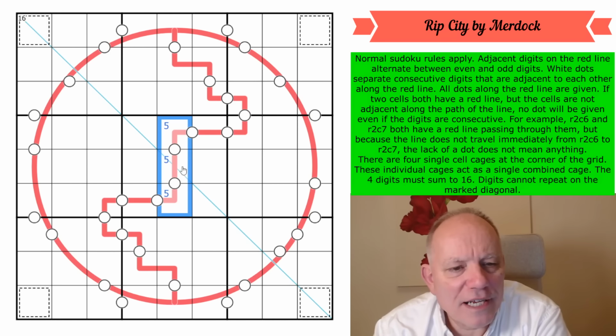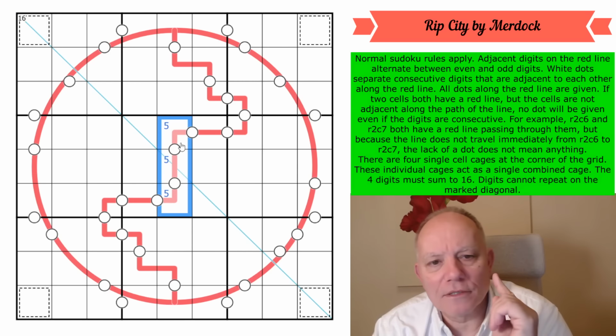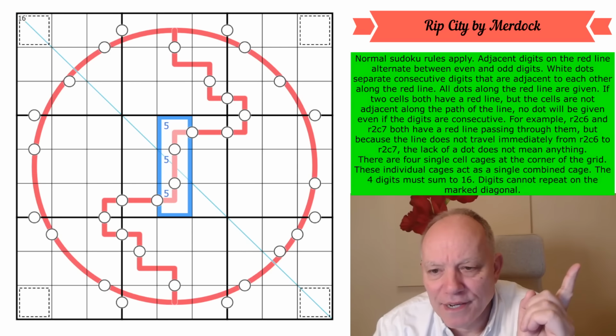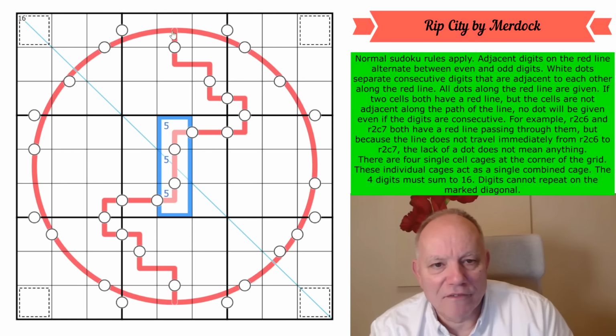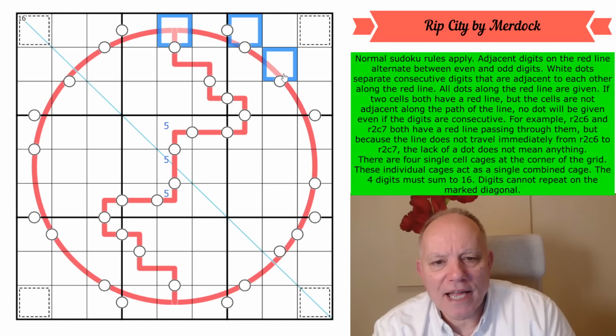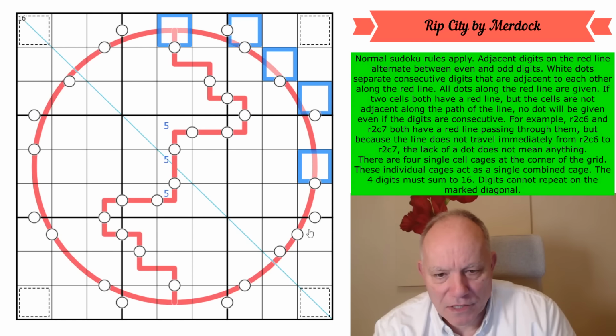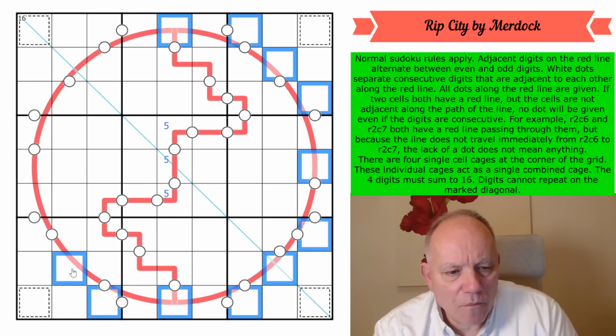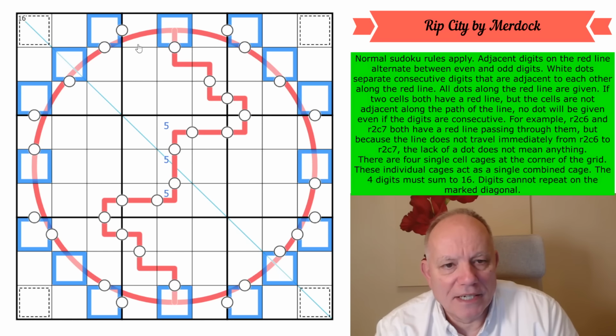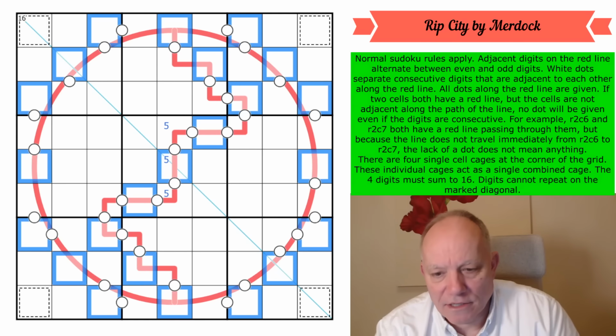So the only positional thing I definitely know is 5. I'm not going to do placeholders because I've remembered that these red lines are parity lines, and I want to do some parity colouring first. So I'm going to highlight every other cell along the circle, and along the orthogonal line as well, and colour them one colour, which is going to represent either odd or even, but I don't know which yet.